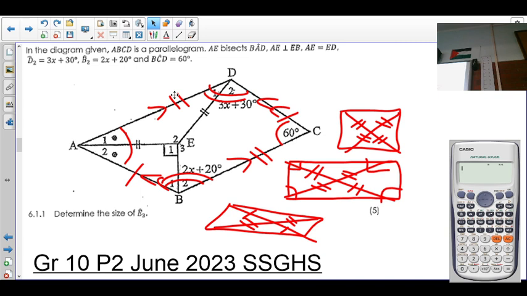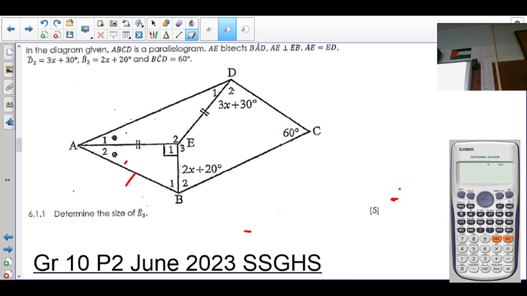Then we spoke about when diagonals bisect each other equally, which means all the sections of the diagonals are the same. There are two shapes where that is the case: the square and the rectangle. And then we said the other properties as well, and we highlighted them on the diagram.